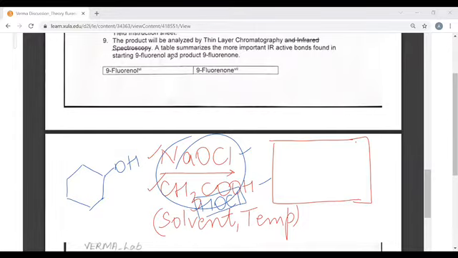This is going to protonate the oxygen, and then the nucleophilic part will attack this electrophilic carbon, forming a ketone right here. So it does not matter what kind of alcohol you will be given, you will be required to show oxidation of those alcohols.